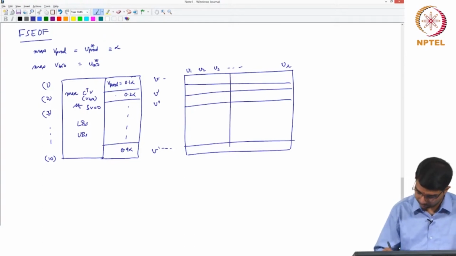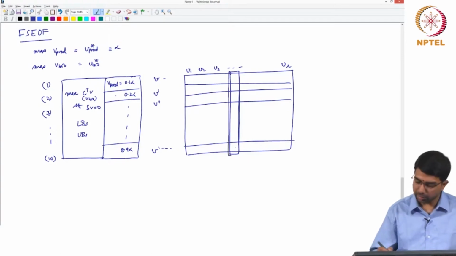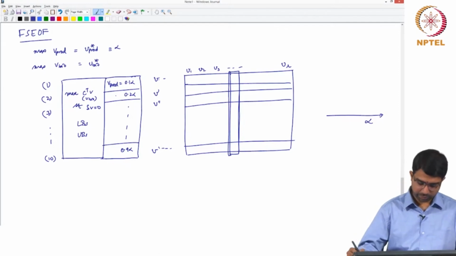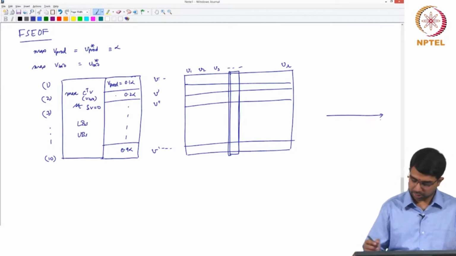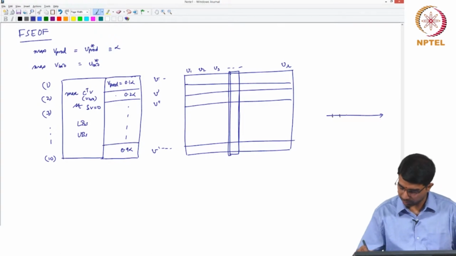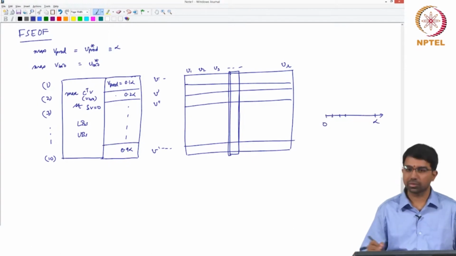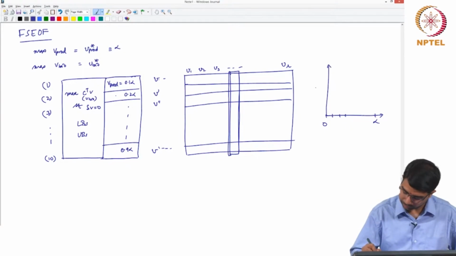Now you take every column that is here and you plot it. So this will be 0.1 alpha, 0.2 alpha, 0.3 alpha, 0 to alpha, and you plot the flux of V1 or Vj.